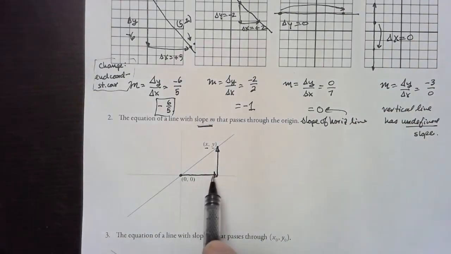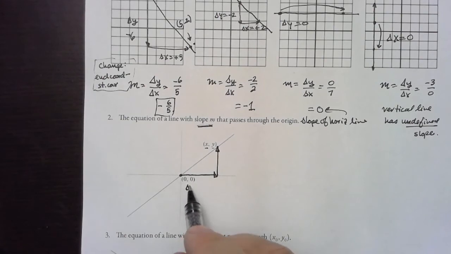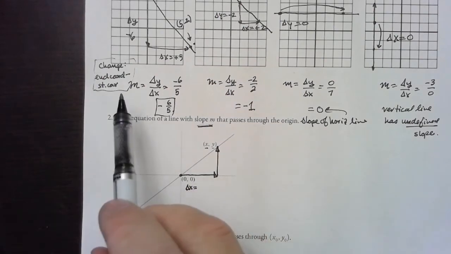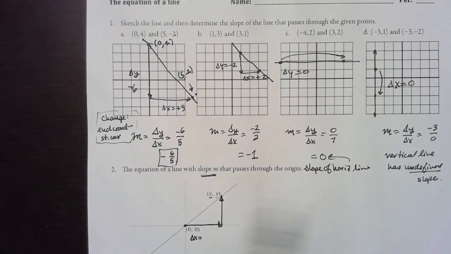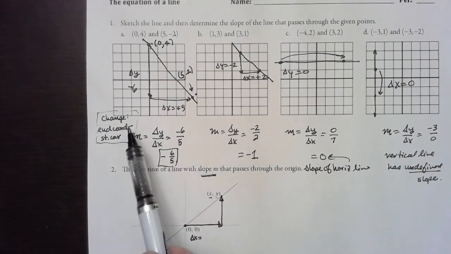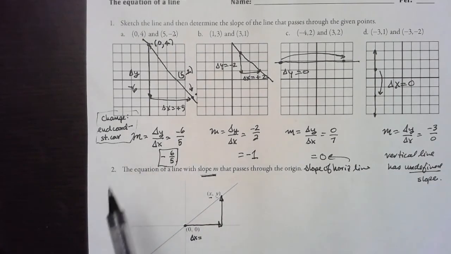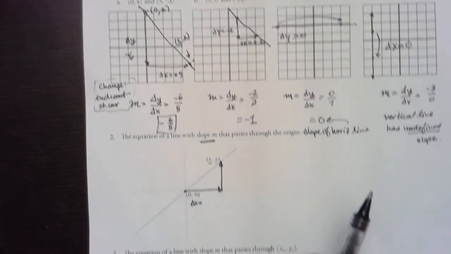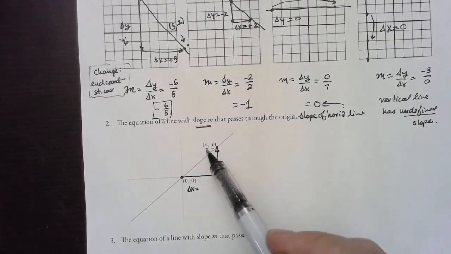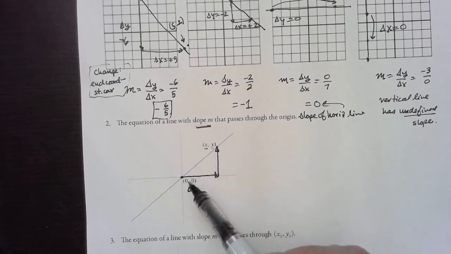So what's my change in x, going from here to here? Well, remember, what I said up here is that you can get a change by doing the end coordinate minus the starting coordinate. So if I look at my end coordinate for change in x, I end at this value x, whatever it is, and I began at 0.